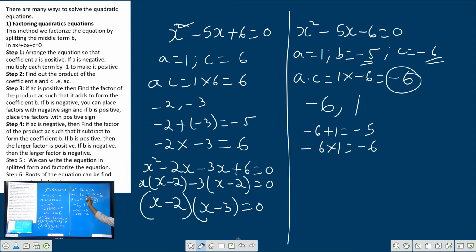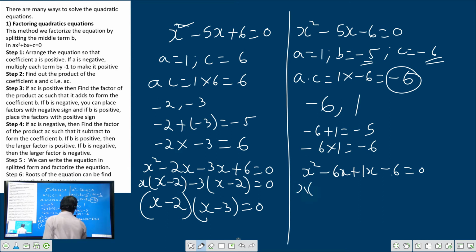So what are my factors? How can I split minus 5x? I am splitting x square minus 6x plus 1x minus 6. Minus 6 plus 1 is minus 5, minus 6 into plus 1 is minus 6.